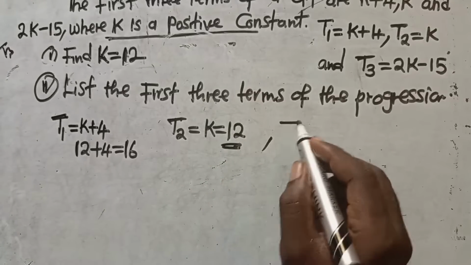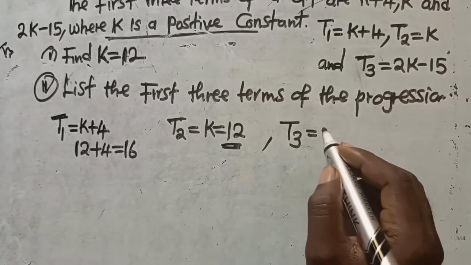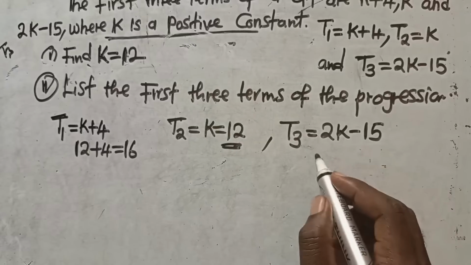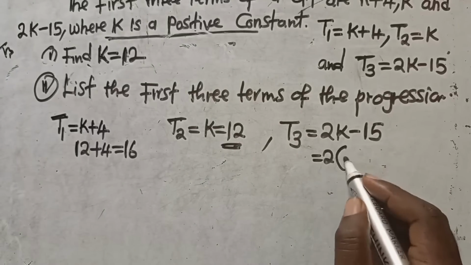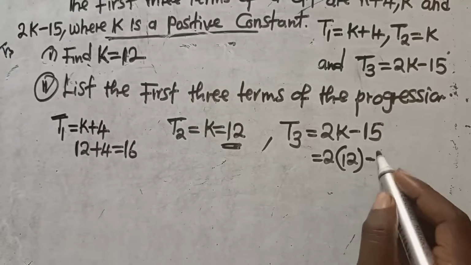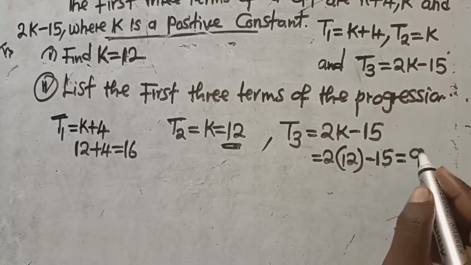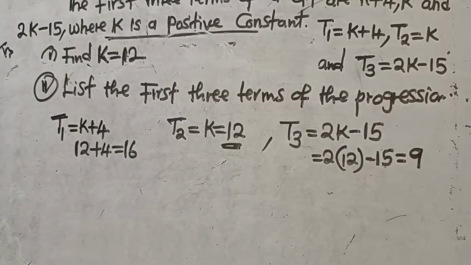Third term, that is 2k minus 15. So where you know that 2 times 12 minus 15, what answer are you getting? You are getting a 9. So these are certain things you are supposed to do. This is what you need to get and understand, just like this.